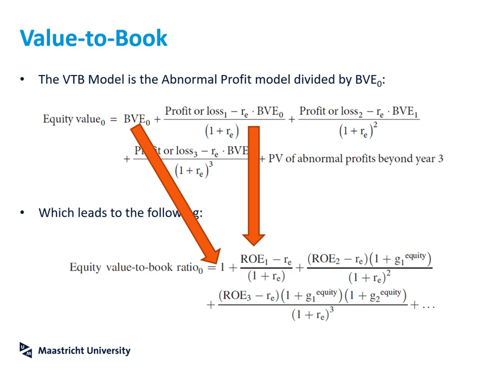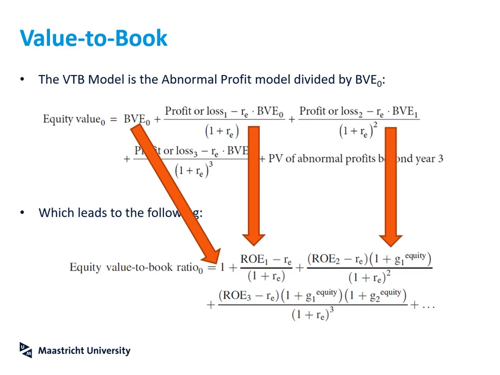Now the tricky thing in the formula shows up if we look beyond year one, because then we have to take into account that the abnormal ROE that's earned in those years is earned on a book value that has grown because of reinvestment. So if we look at the abnormal profit in year two, that's the profit or loss in year two minus the cost of equity times the book value after 1 year.